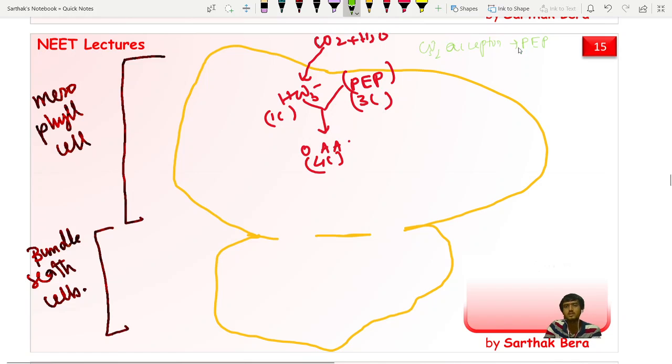Here the primary CO2 acceptor is phosphoenol pyruvate, and remember, in case of C3 cycle, the primary CO2 acceptor was RuBP, ribulose bisphosphate, which is also a 3 carbon compound, and in case of C4 cycle, the primary CO2 acceptor here is phosphoenol pyruvate, which is a 3 carbon compound, and the first stable product is oxaloacetic acid.